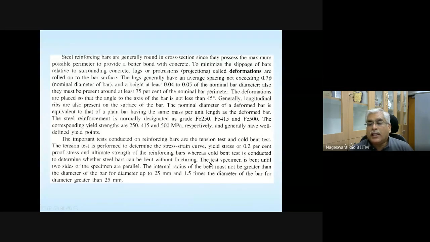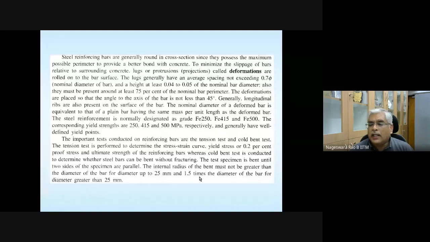The test specimen is bent until two sides of the specimen are parallel. The internal radius of bend must not be greater than the diameter of the bar for bar diameter up to 25 mm, and 1.5 times the diameter of the bar for diameter greater than 25 mm. Anyway, these are some specifications related to that bend test.